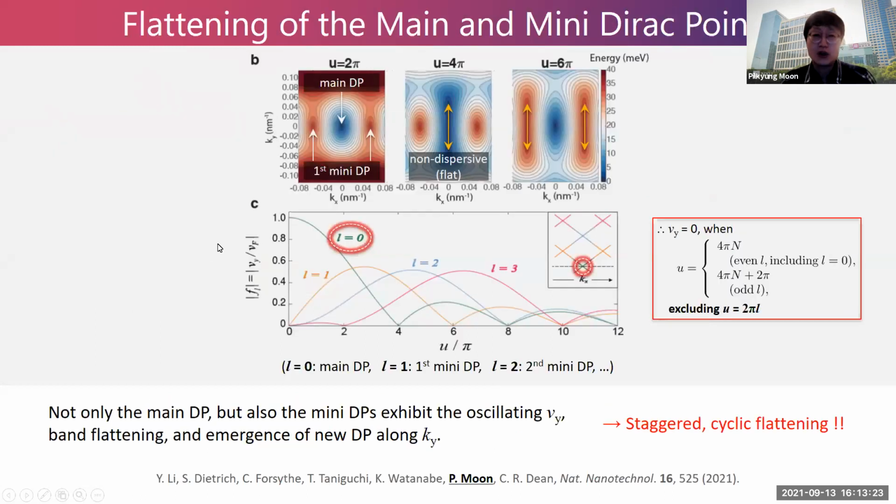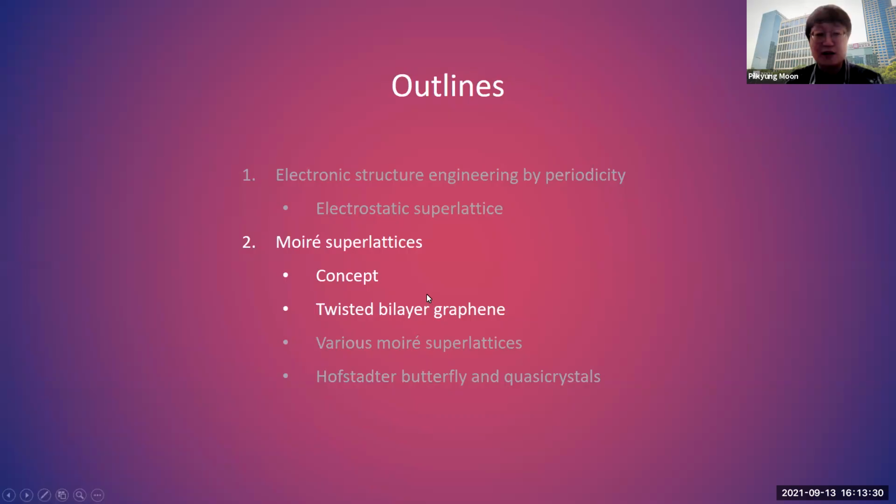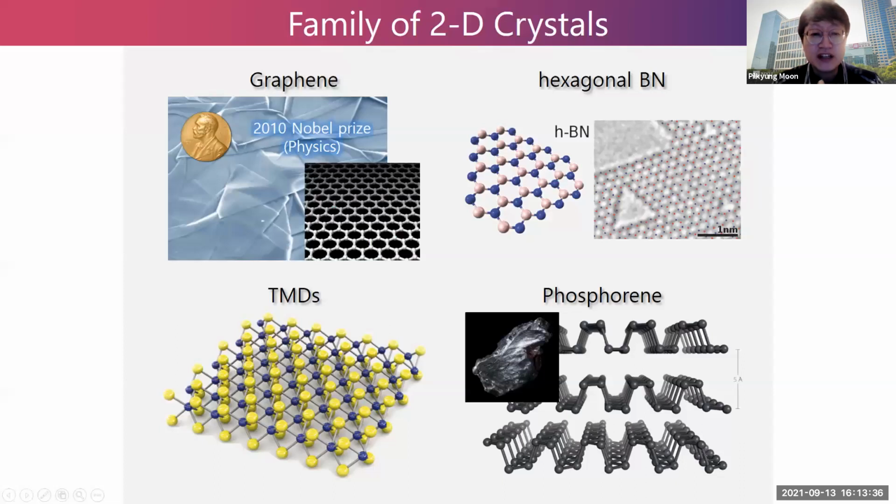Okay, so although the one-dimensional structure is interesting, due to the time limit, I'll move to the Moire superlattices. The discovery of graphene and its cousins, hexagonal boron nitride and transition metal dichalcogenides, provides an excellent opportunity for condensed matter physics.